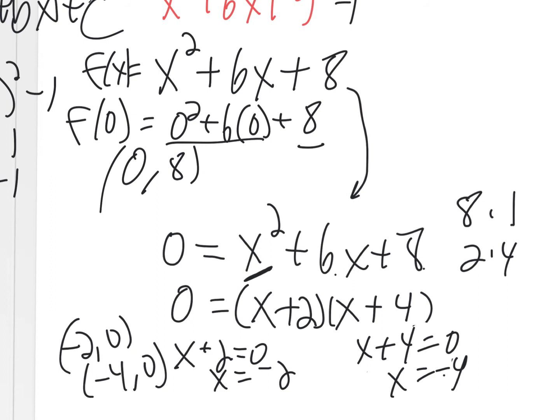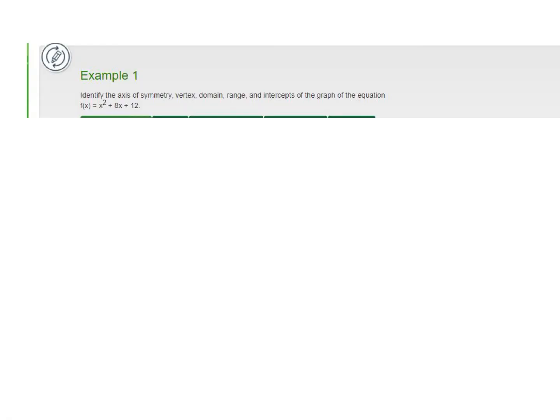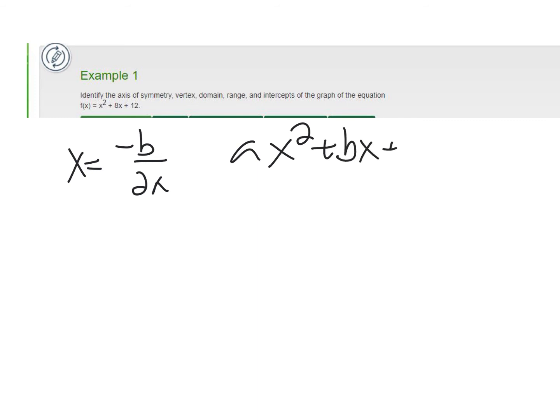I guess let's go to the next slide because they have another example. Okay, so we're going to do this step by step and address each one of these elements, okay? So to find the axis of symmetry, we need to remember we're going to use this formula, x equals negative b over 2a. And that's when the quadratic equation is in the form ax squared plus bx plus c.